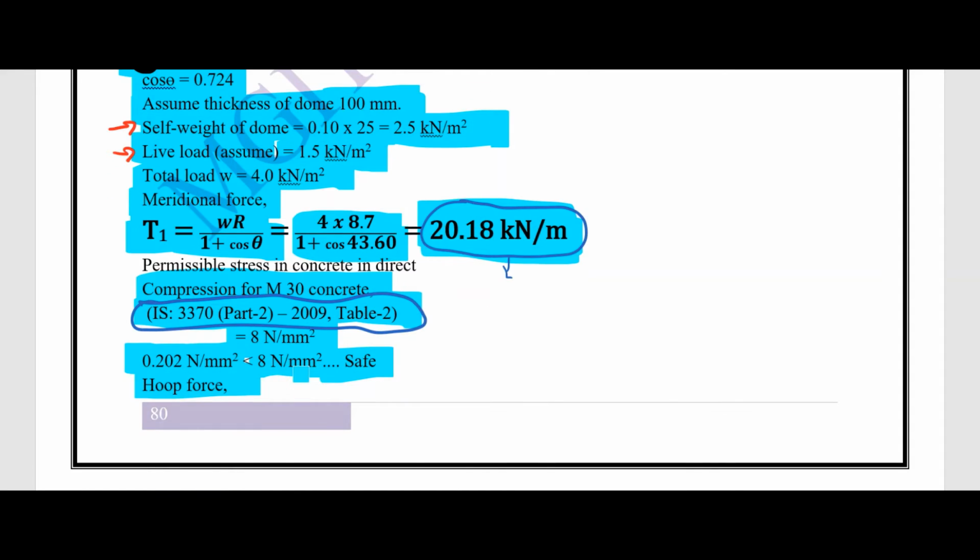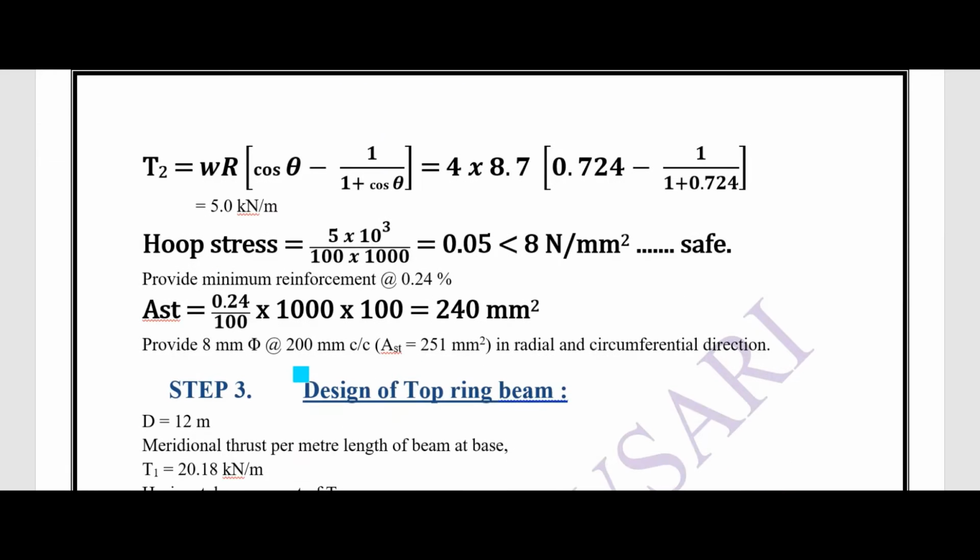Now we can calculate the hoop force. The hoop force equation is T2 equal to WR into cos theta minus 1 upon 1 plus cos theta.